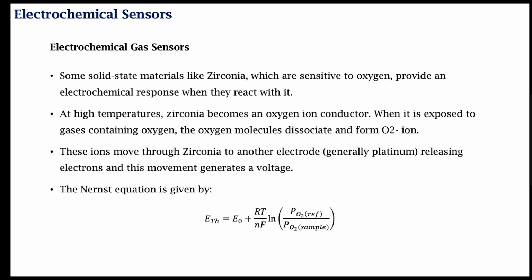So when it is exposed to gases that contain oxygen, then the oxygen molecule will leave and form the O2 ion. These ions will move through zirconia to another electrode, thus releasing electrons. And this movement will usually generate a voltage that is described by this form of Nernst equation, for example.